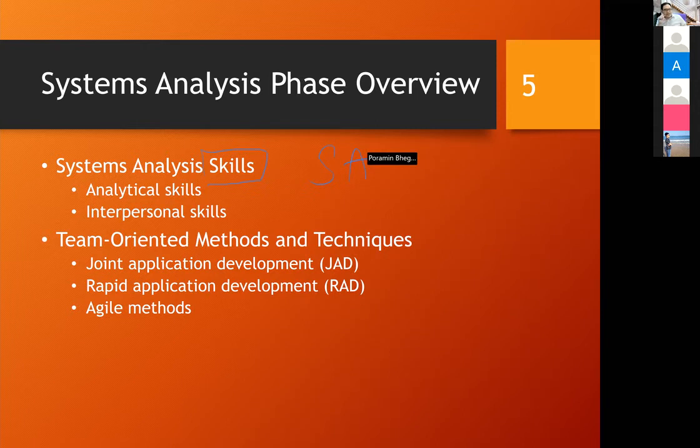The first one is analytical skills, and the other one is interpersonal skills, because you have to deal with other people, including management and the users. The users here might be key users, and sometimes you have to deal with end users as well. So that's why interpersonal skills are important.